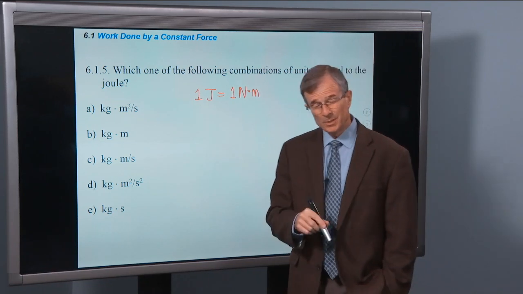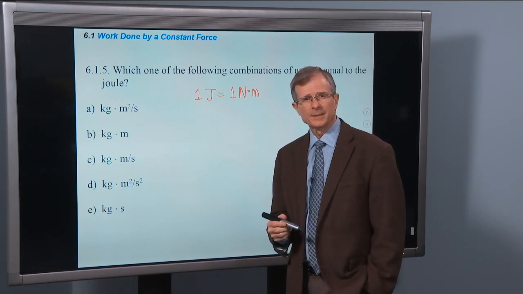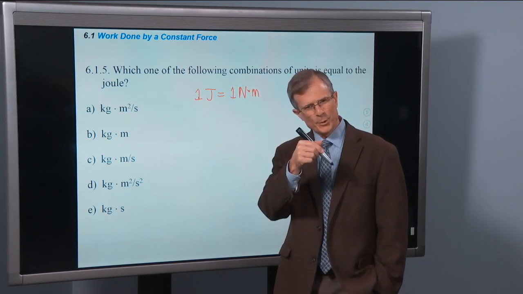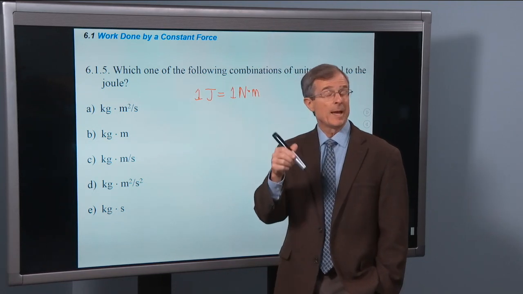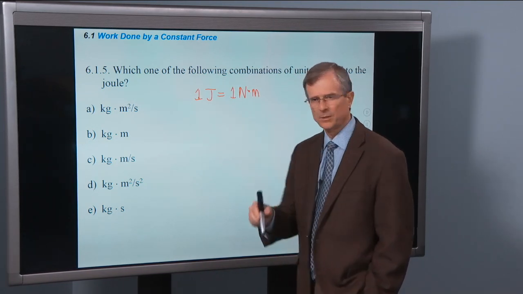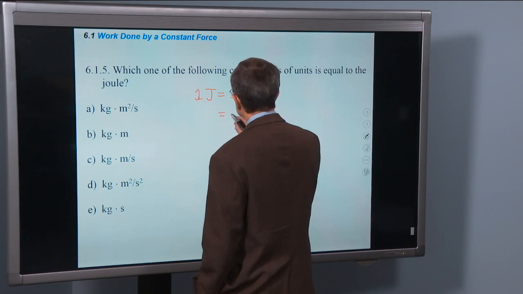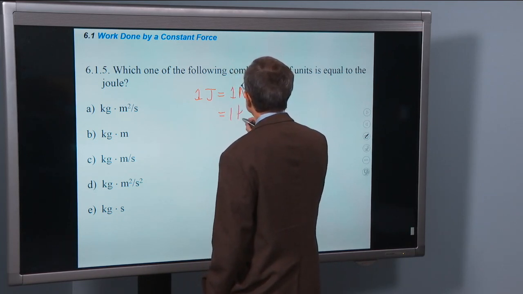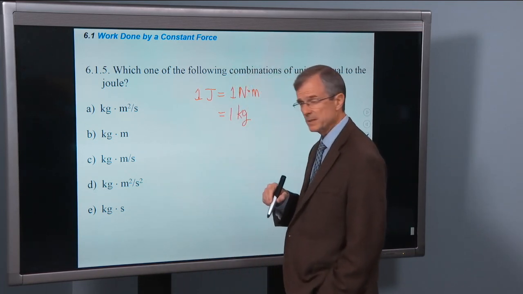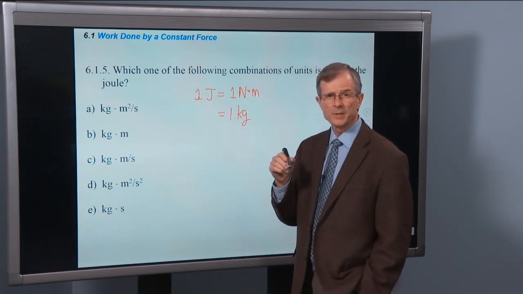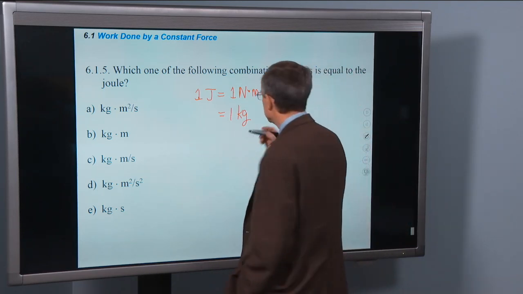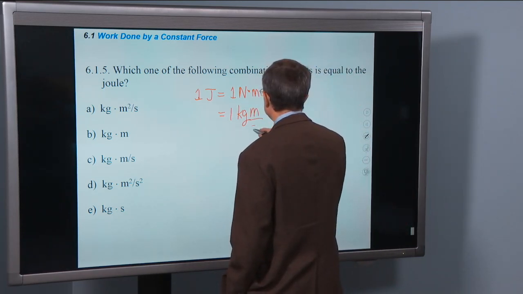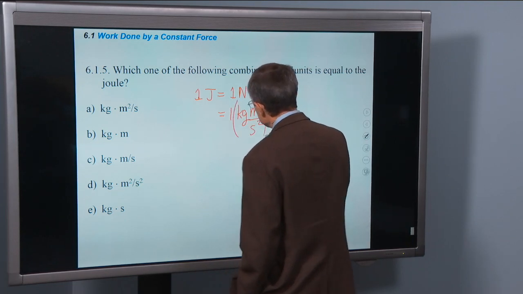A Newton we can get from force in newtons equals ma, mass times acceleration. So the Newton is a kilogram for the mass times the acceleration, and what are the units of acceleration? Meters per second squared. So there's the Newton.